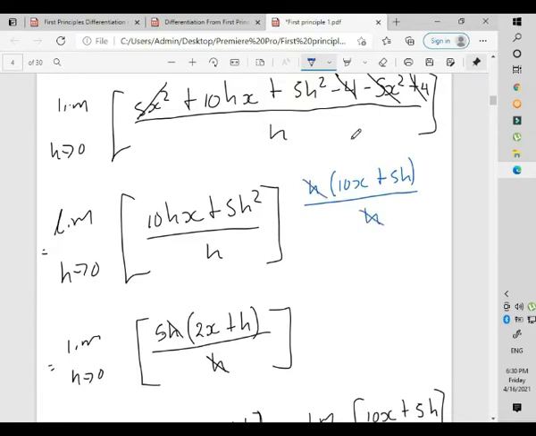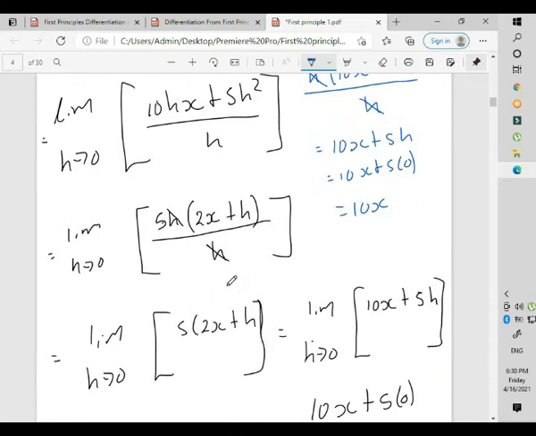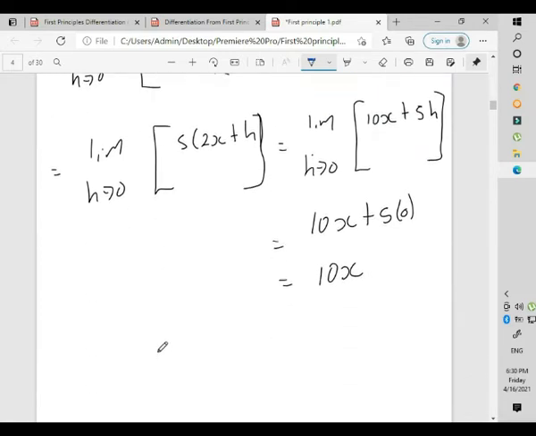These two cancel out, giving me 10x plus 5h, which is equal to 10x plus 5 times 0, which is 10x. Now again, it comes down to how comfortable you are with algebra. You should keep practicing the concepts that you learn, even though this is going to be a little bit longer to complete.